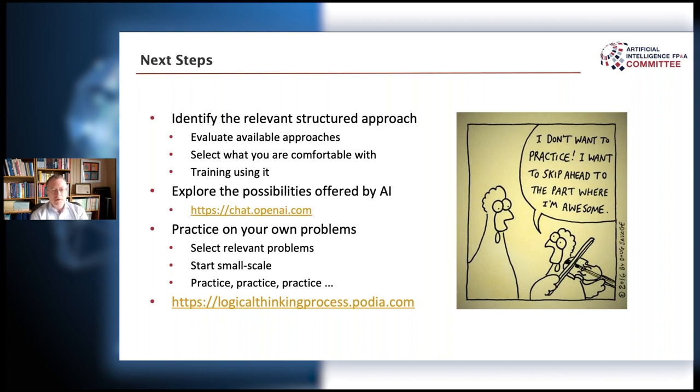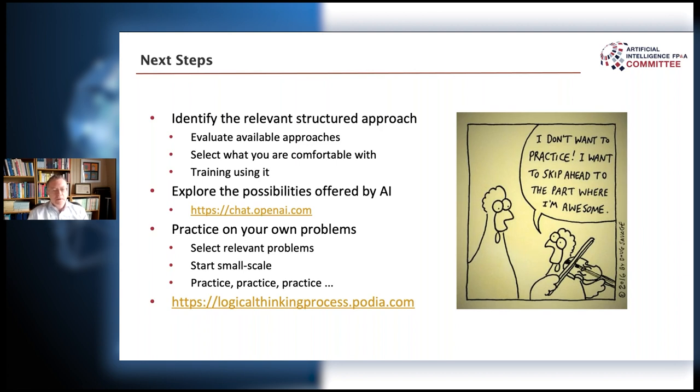Then explore the possibilities offered by the AI, and I would recommend just using ChatGPT. It's the most commonly used tool, and it's very powerful. The fourth generation of it is very powerful.